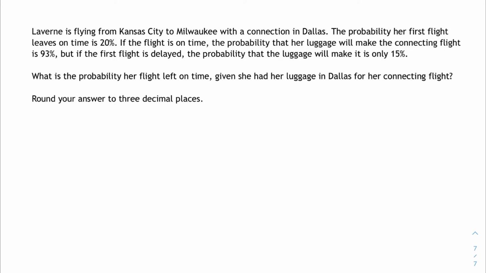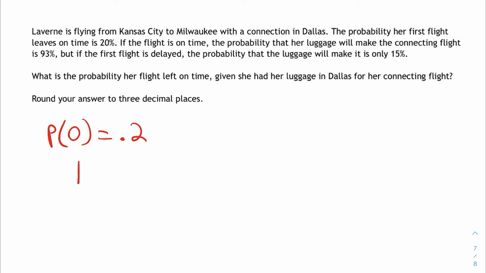Okay, so they're giving us some probabilities here. Let's see if we can identify them. The probability her first flight leaves on time, so the probability of on time, is 20%. Okay, if the flight is on time, the probability her luggage will make the connecting flight is 93%.